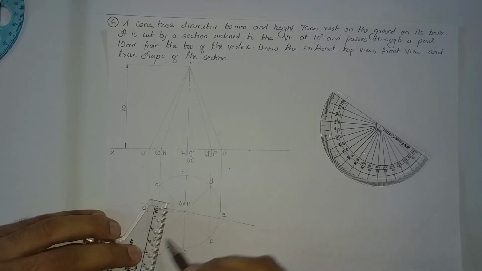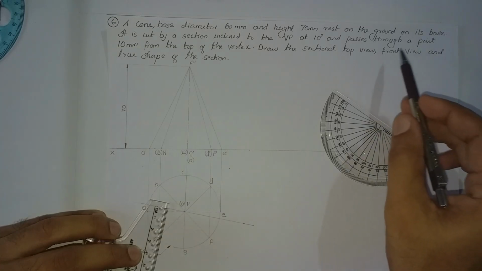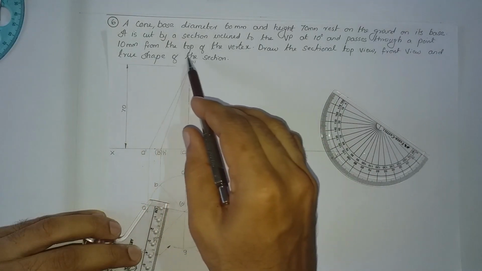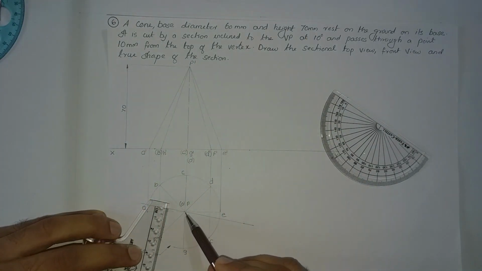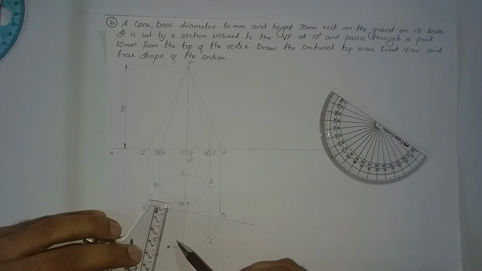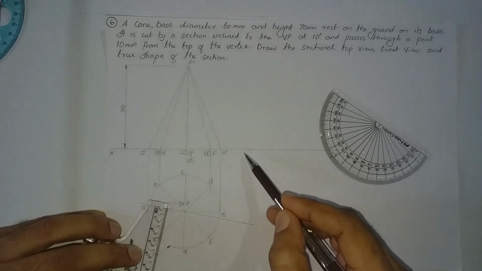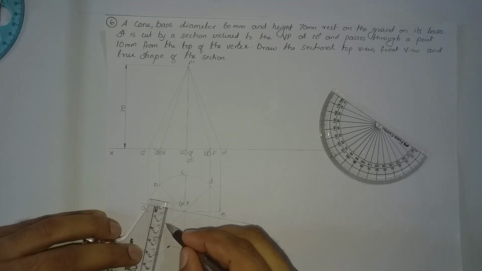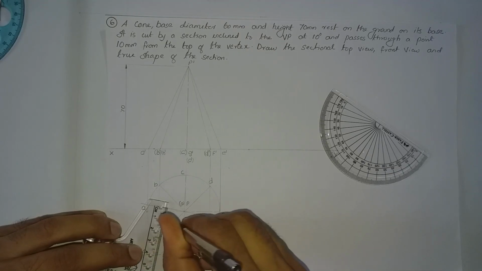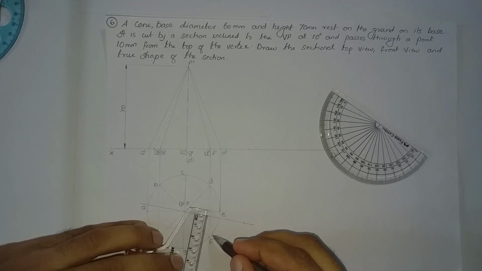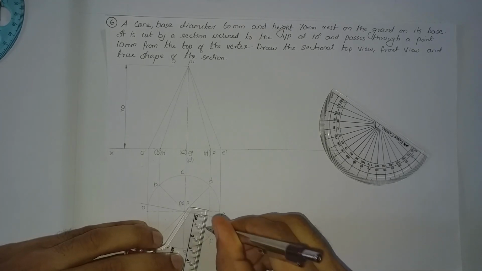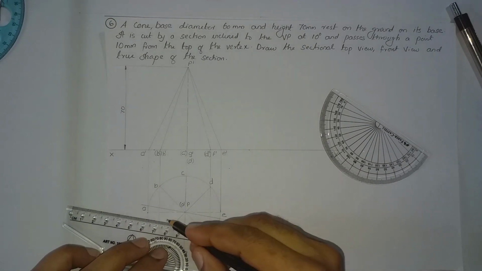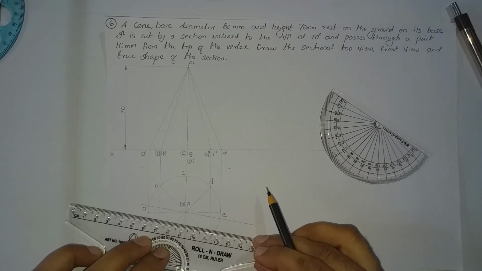We are taking this 10 mm because it is mentioned that the section plane passes through a point 10 mm in front of the top of the vertex. From this 10 mm in front, at an inclination of 10 degrees with respect to the vertical plane, mark a point 10 mm in front of the previously drawn line. Let us mark 2 points here. Now let us construct the section plane by connecting these 2 points.